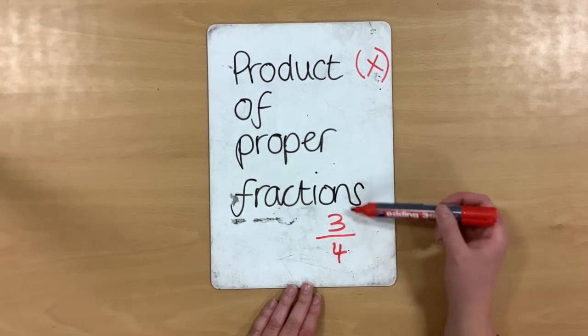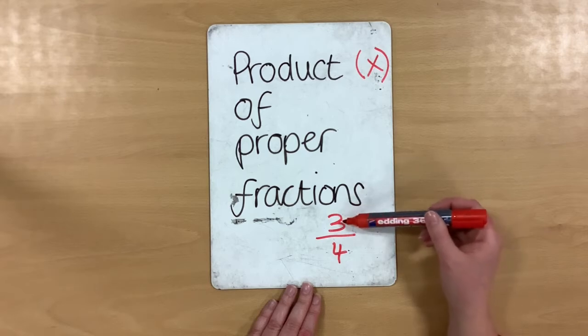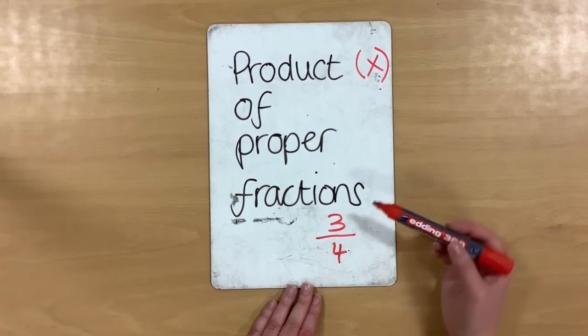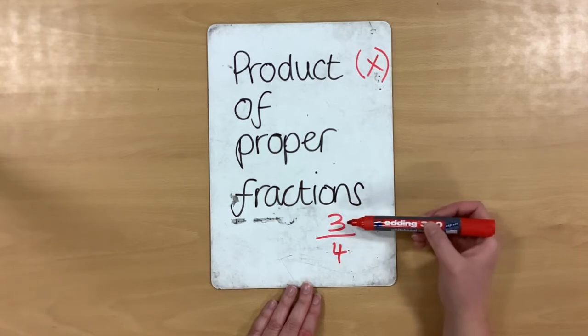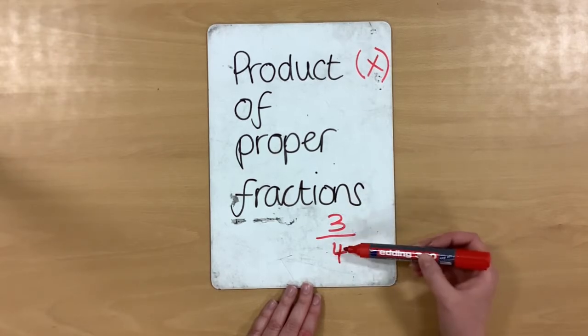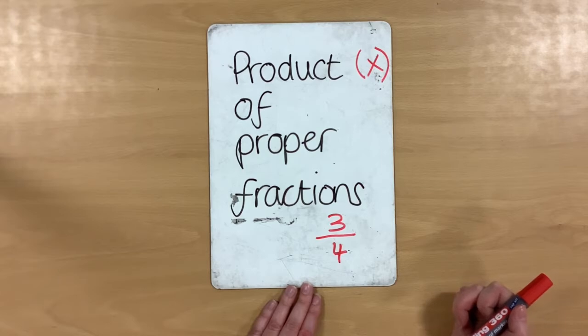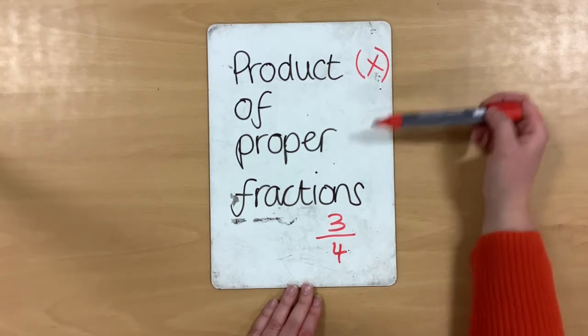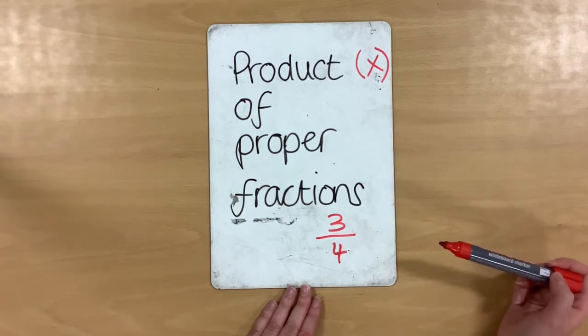The numerator is smaller than the denominator. Remembering that an improper fraction is where the numerator is larger than the denominator, meaning it is more than a whole. So today we're going to be looking at the product, so multiplication, of proper fractions.